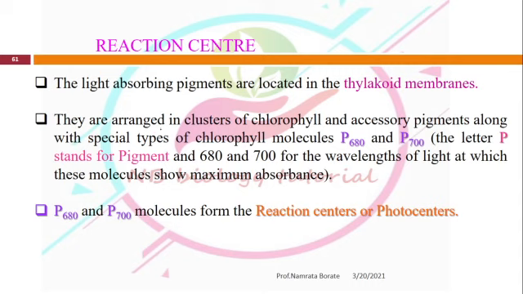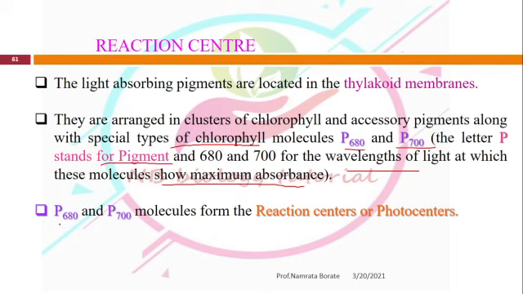That is, they are arranged in clusters of chlorophyll and accessory pigments along with a special type of chlorophyll molecules, that is P680 and P700. The letter P stands for pigment, and 680 and 700 are the wavelengths of light at which this molecule shows maximum absorption of light.